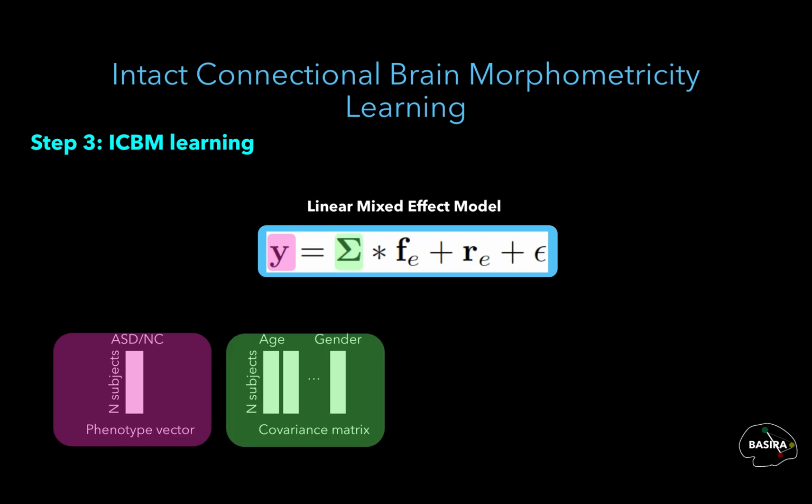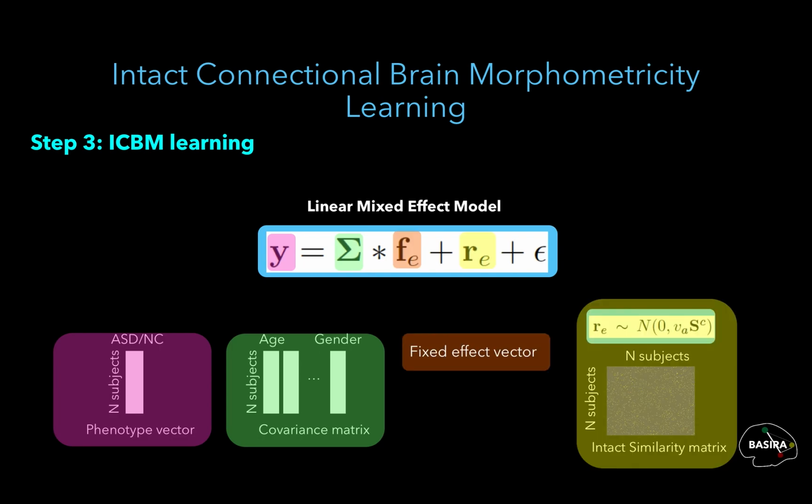Sigma is the covariance matrix that contains data of covariate variables such as age and gender. Fe is the fixed effect vector. Re is a random effect vector resulting from a zero mean multivariate Gaussian distribution with a covariance matrix ST. And epsilon denotes the noise vector with variance VE.